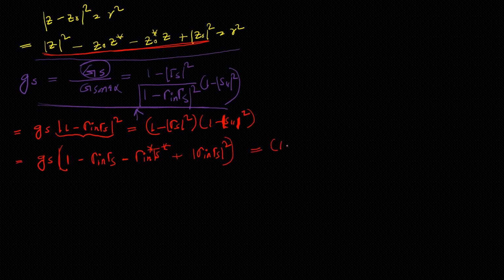Correct? Equal to (1 minus |gamma S| whole square)(1 minus |S11| mod whole square).